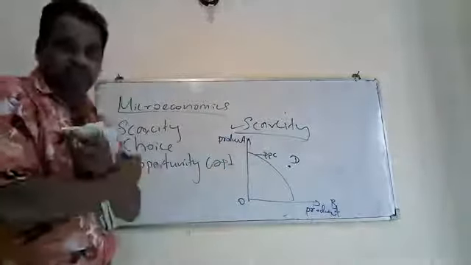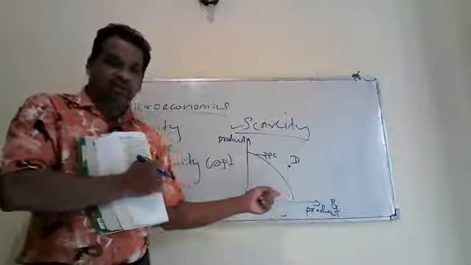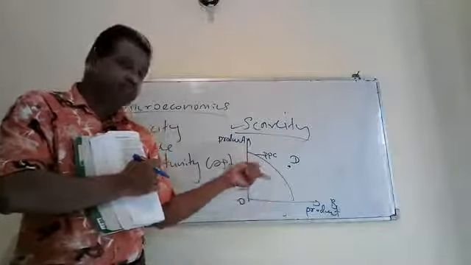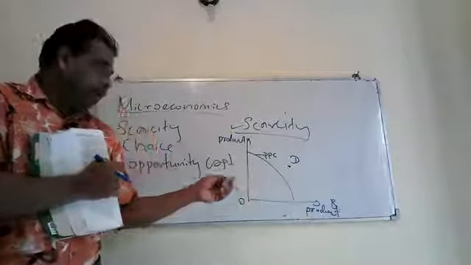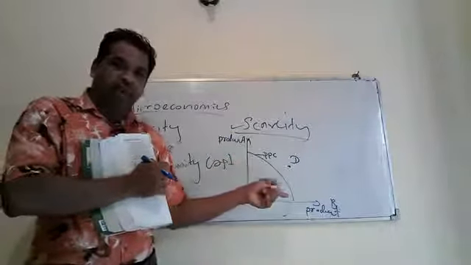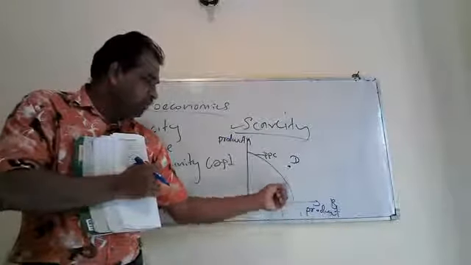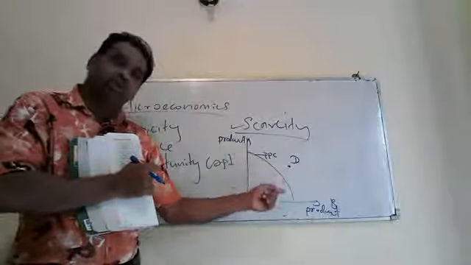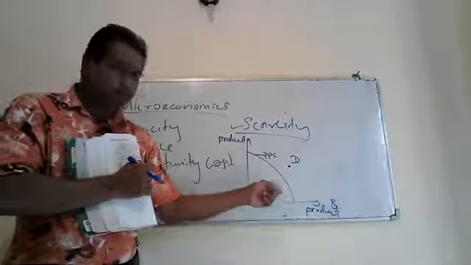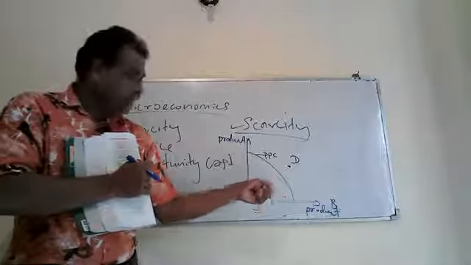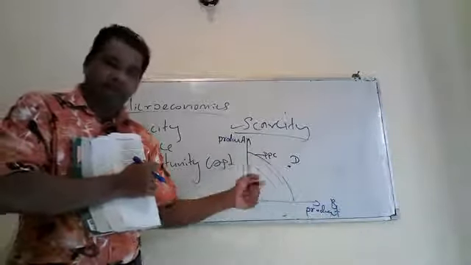This PPC indicates the maximum production capacity of a country, produced by using the existing technology and available resources. If you take any point on the curve, it indicates the maximum production capacity at full employment. If you take this point, it is beyond their capacity.